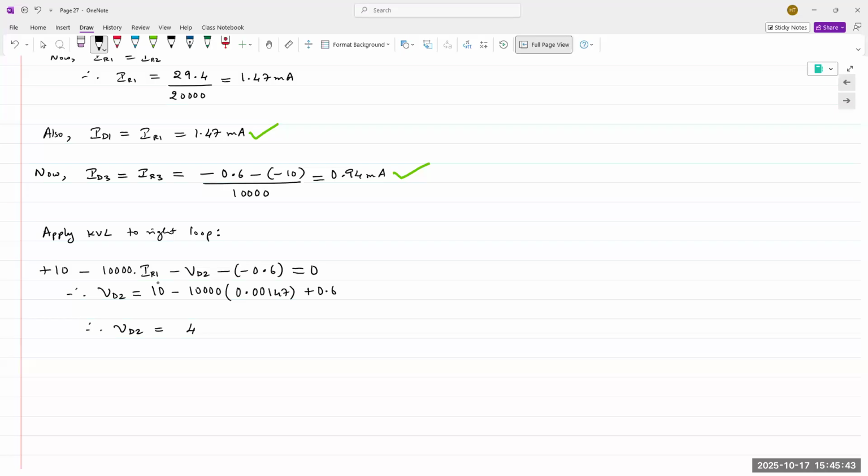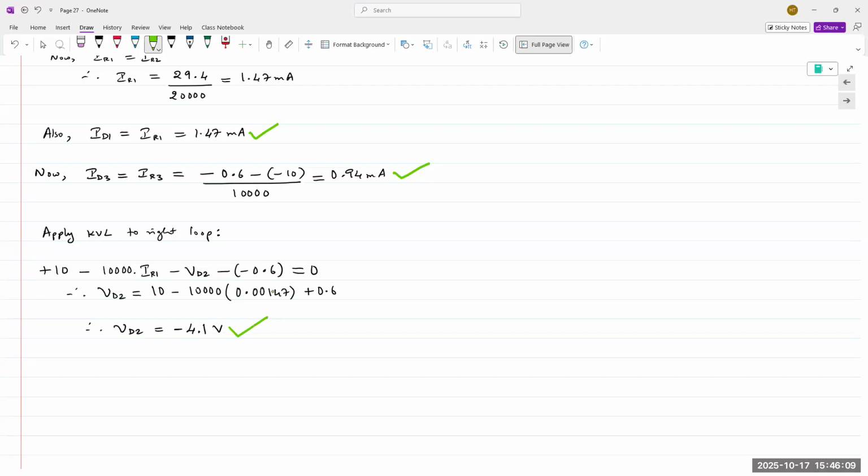3.9 or 2.9? You just did the calculation. Anyone? 4.1. Negative 4.1, which is in alignment with our original assumption.